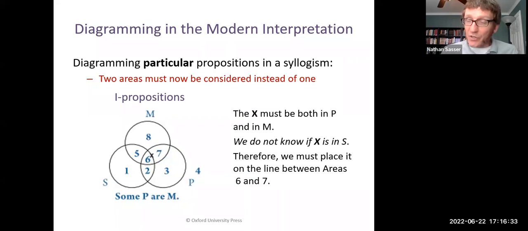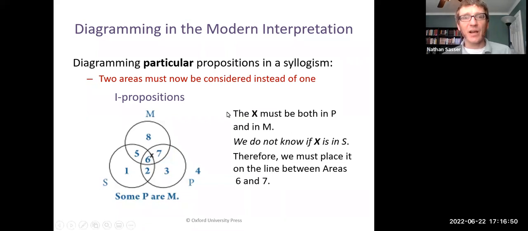Particular propositions are going to use X's. The complication is that when you have an I-type proposition or an O-type proposition, they're now going to affect 2 different areas.